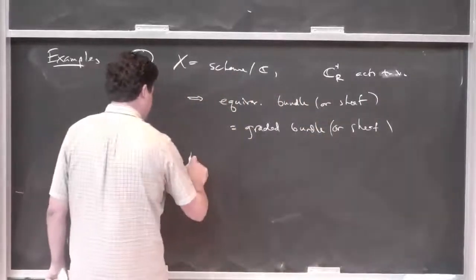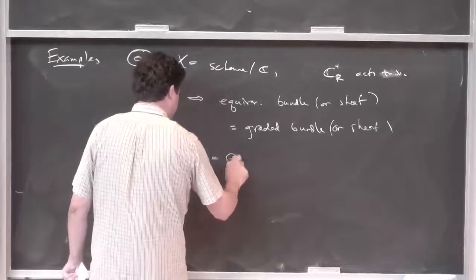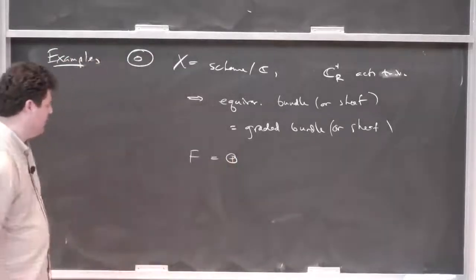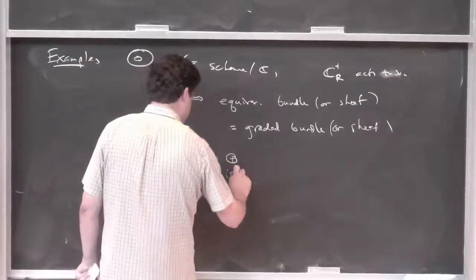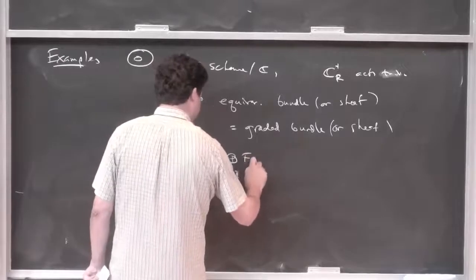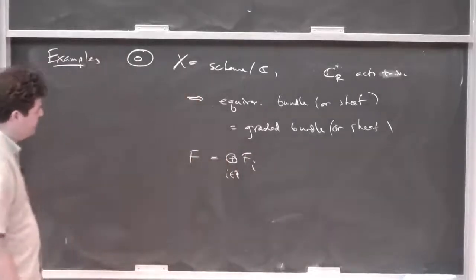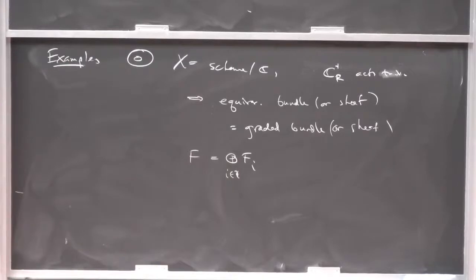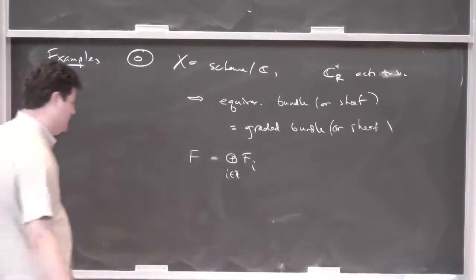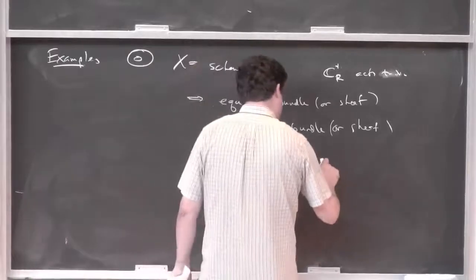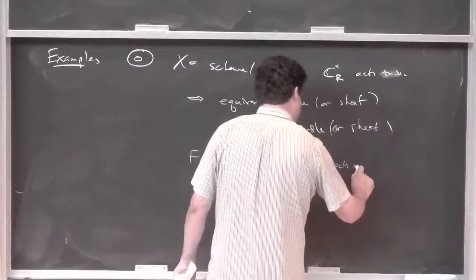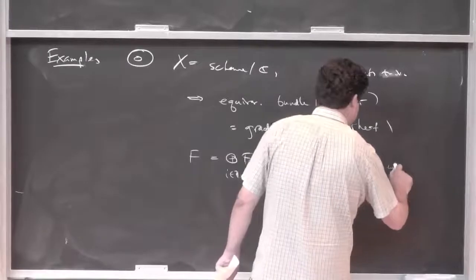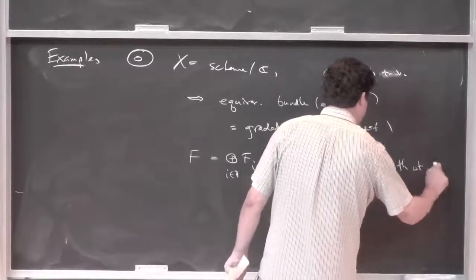Right, so F is just the direct sum over all i in Z of Fi. You break the thing into weight spaces for this C star R action, where C star R acts on Fi with weight i.